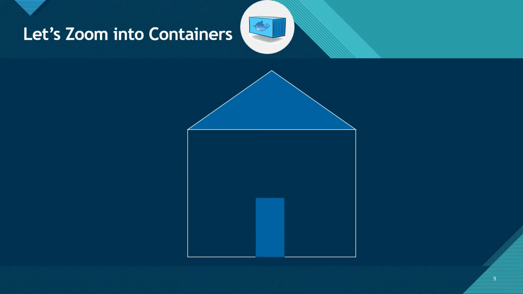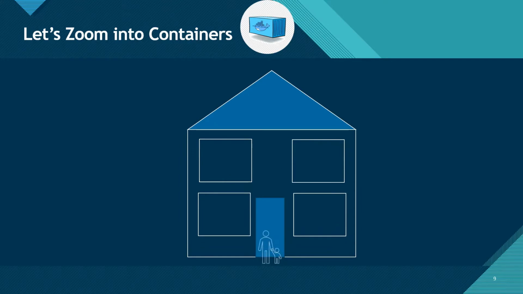The best analogy with containers is, let's say we have a house where different brothers and sisters are living, and as a house we have a moderator, or what we call a parent.